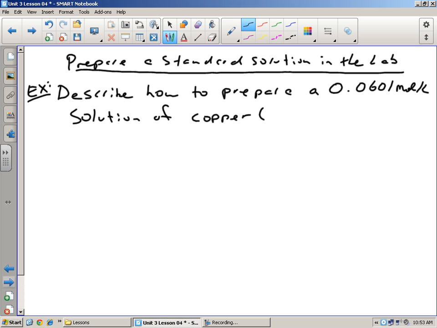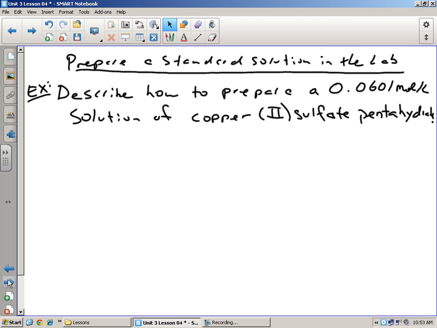That's what I kind of picked out today for you guys. Copper 2 sulfate pentahydrate. Okay. Describe how to prepare a 0.0601 molar solution of copper 2 sulfate pentahydrate.